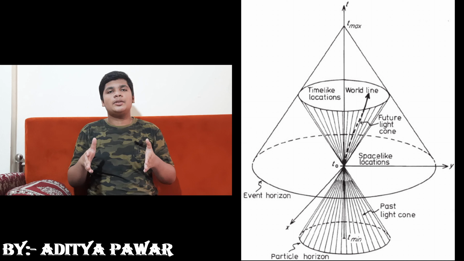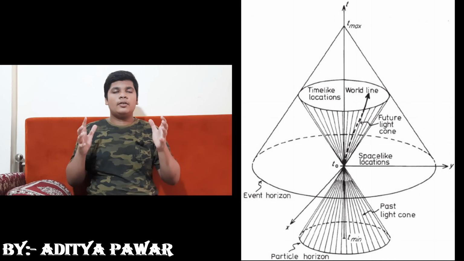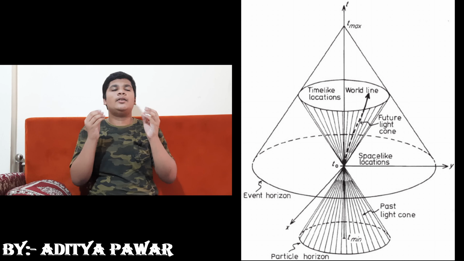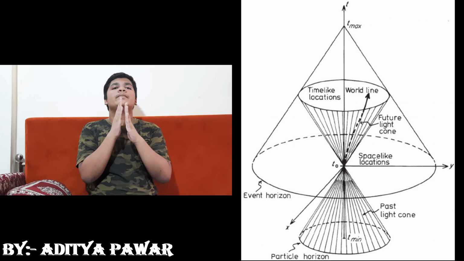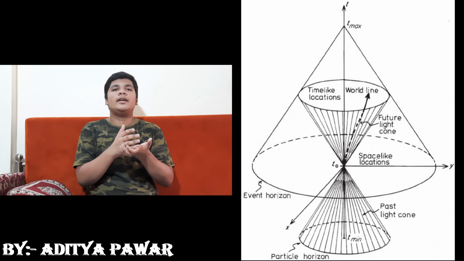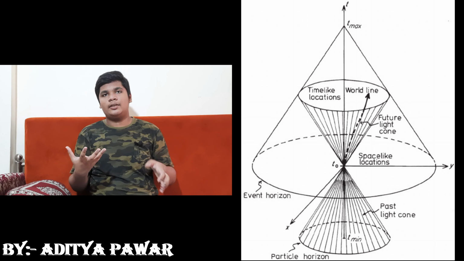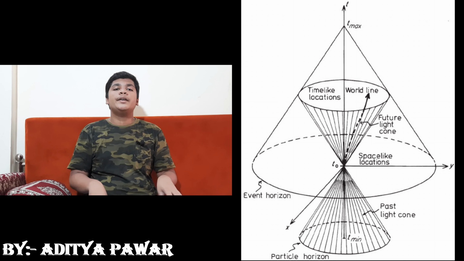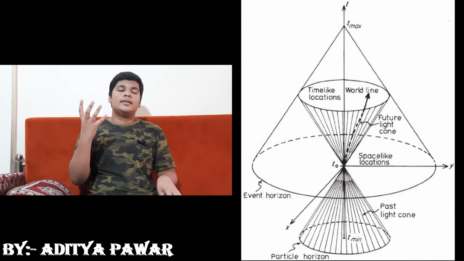Now this was the visualization of the black hole and how the singularities are created and how the singularities act on the black hole. Now coming to the naked singularities: some of these black holes are rotating, and the angular momentum of the black hole continuously rotates in the Kerr metric.